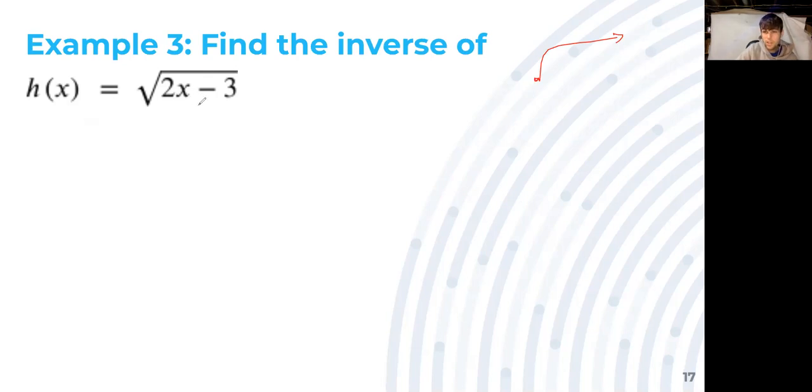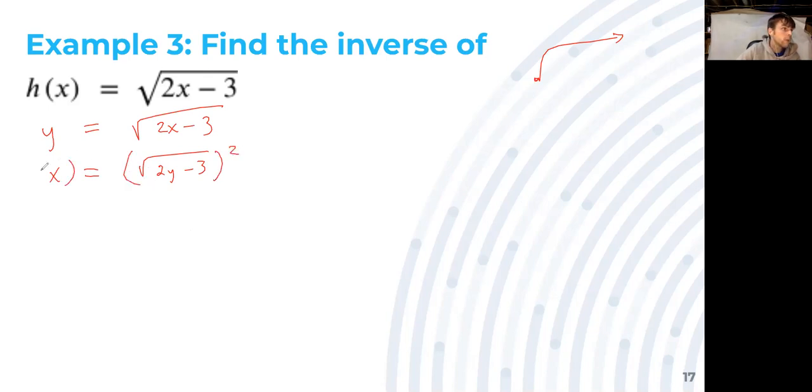There is a bit of an issue with this once I solve for it though, so I'll get into that in a second. So write it in terms of y, switch x and y, solve for y. So I need to square both sides to get rid of that. So I get x squared equals 2y minus 3.